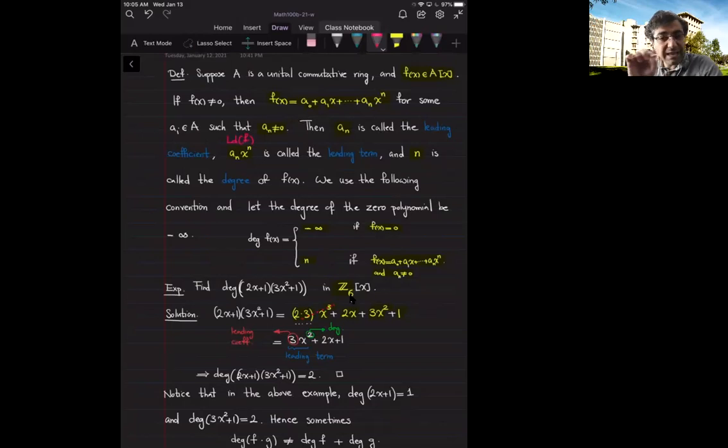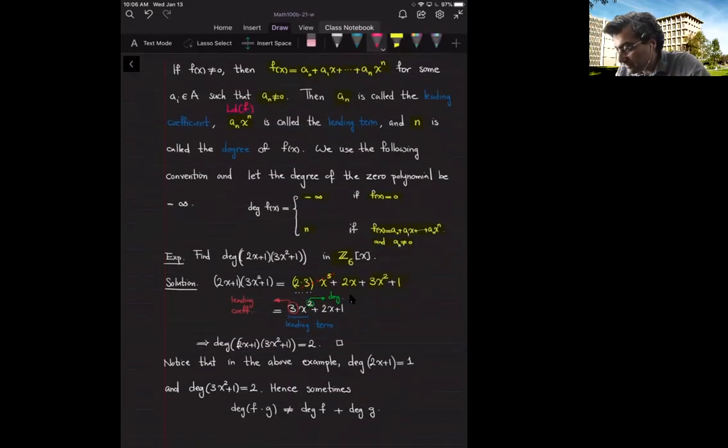The term 3x squared is the leading term. It has two pieces of information in it: the coefficient, which we call the leading coefficient, and the exponent that we call the degree. So the degree of this product is actually 2. Now, notice that the degree of 2x plus 1 is 1. The leading coefficient is 2, the degree is 1.